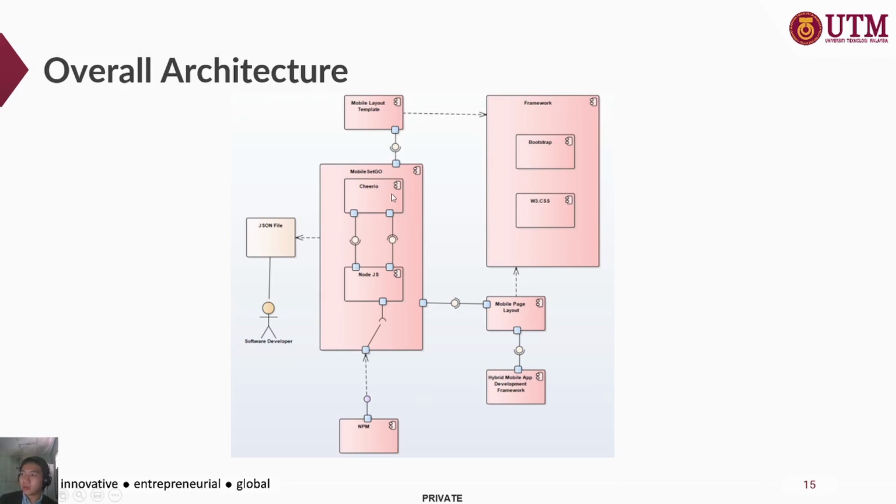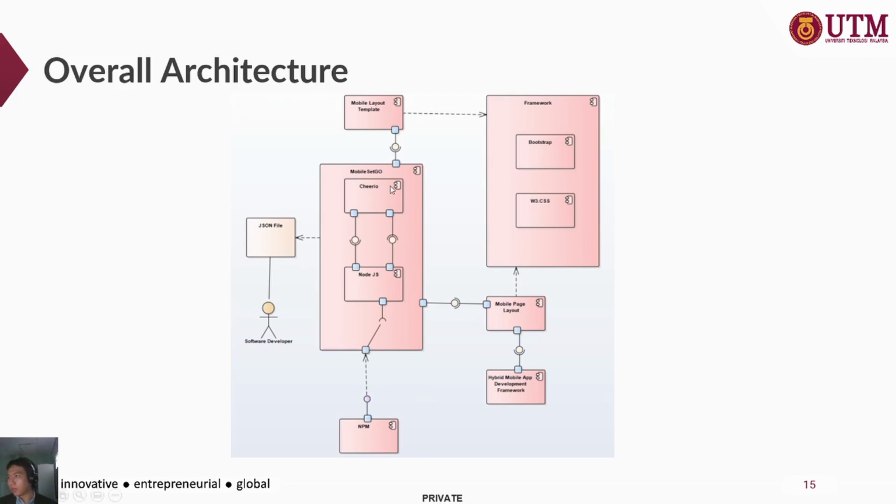And once MobileSetGo receives the JSON file, it will read it and generate the mobile page layout of the desired user. So MobileSetGo uses Node.js for the file system and identifying an engine of the generator, and it uses Cheerio. Cheerio is for controlling the HTML text elements.